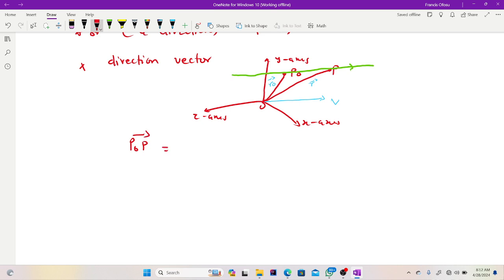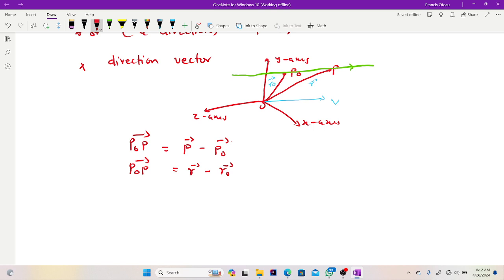It is the position vector of P minus the position vector of P naught. The position vector of P is our r, minus the position vector of P naught, which is r naught, like this.